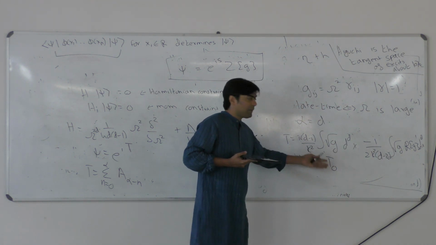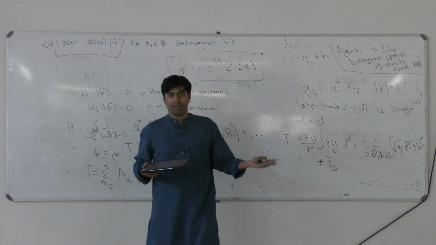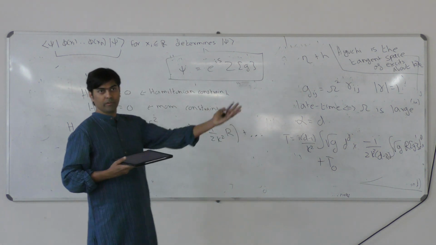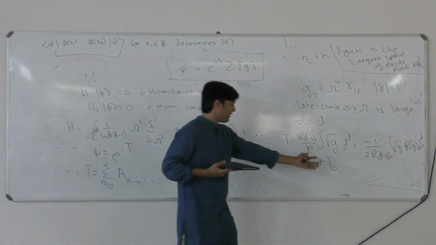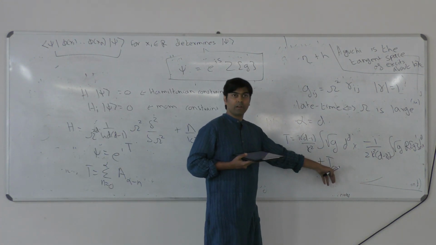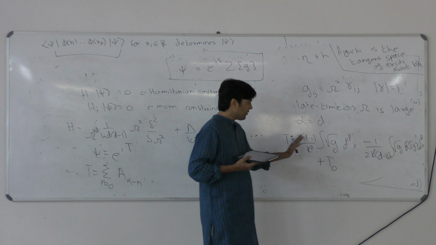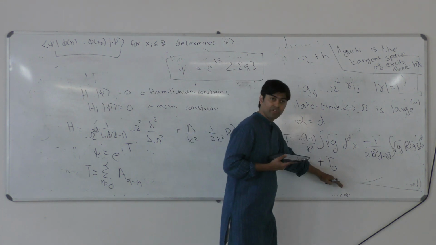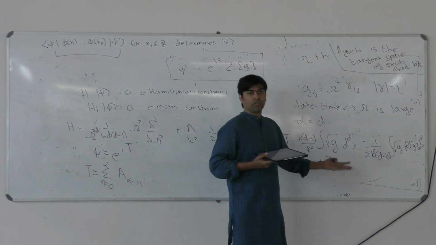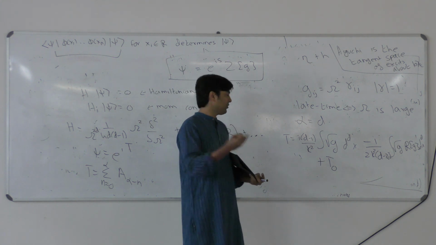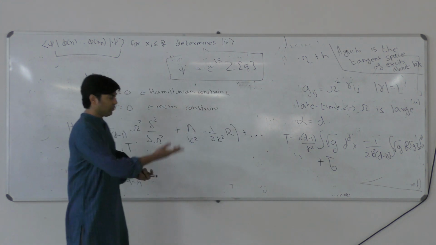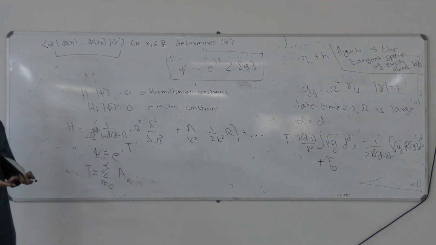But the term that's independent of omega is the Weyl invariant term. The term that does not scale with the conformal factor is the term that's Weyl invariant. So this is the thing that's the arbitrary part of the solution. So you write down the solution, you fix some terms, and there's an arbitrary part. This part is what I was calling the CFT partition function. The reason I was calling it the CFT partition function is only because it's Weyl invariant, so it obeys the same Ward identities as a CFT partition function.